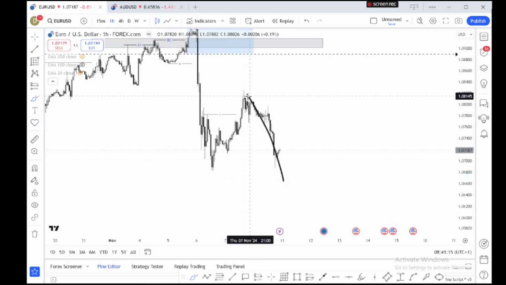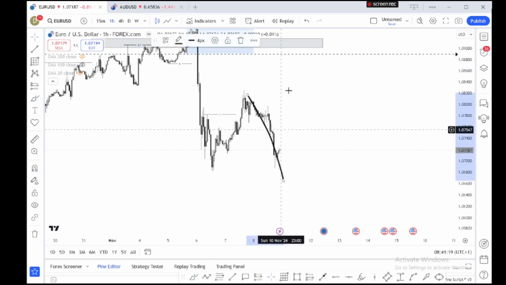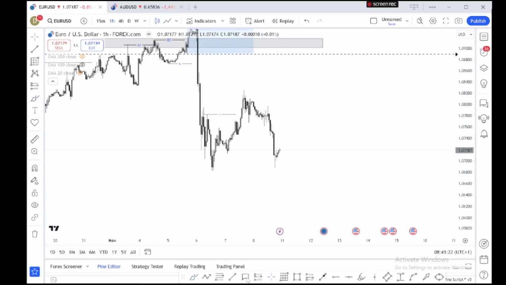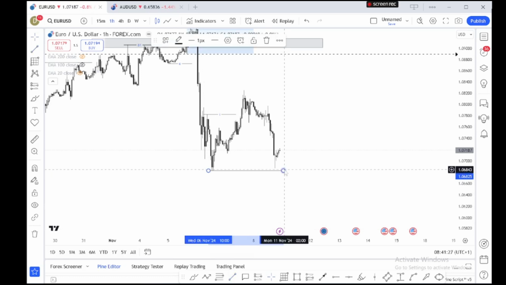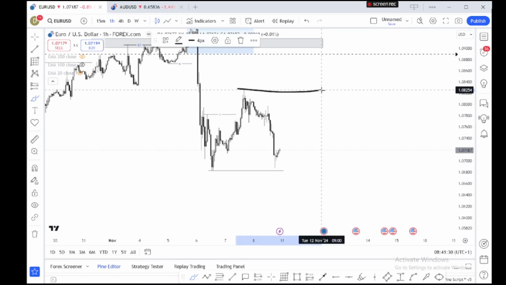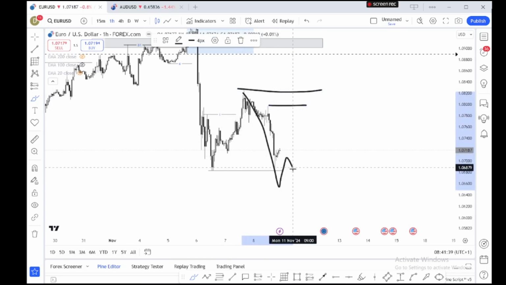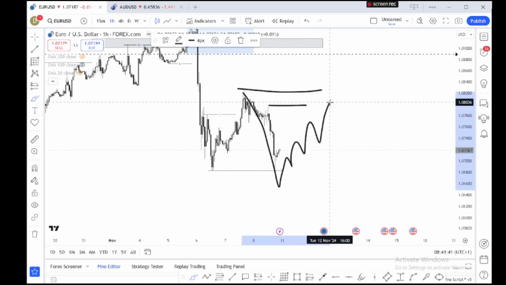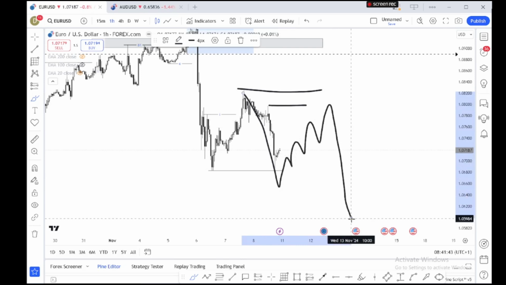If market breaks down and gives me something like this, then it means that this high must be protected. So probably I will look for inducement and allow the market to come back here before I sell. So that's just what I'm expecting.